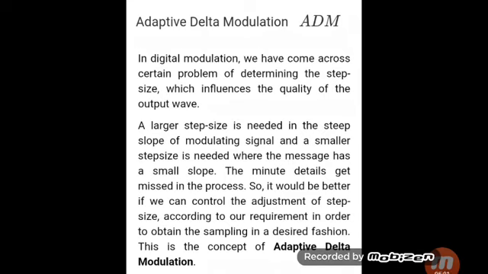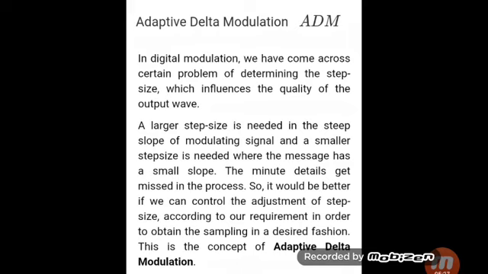A larger step size is needed in the steep slope of the modulating signal, and a smaller step size is needed where the message has a small slope. So the step size depends on the quality and the size of the signals.